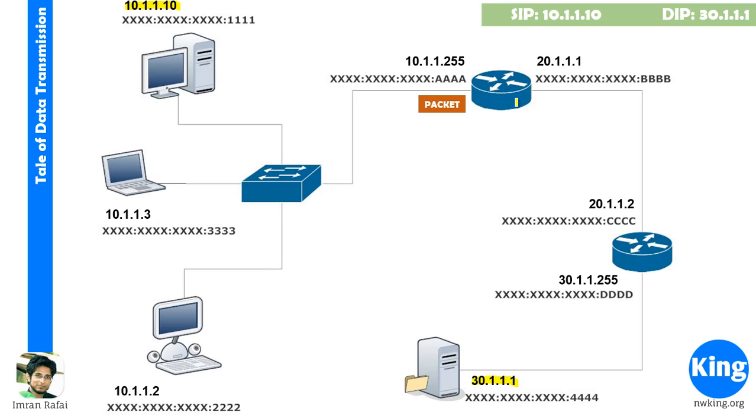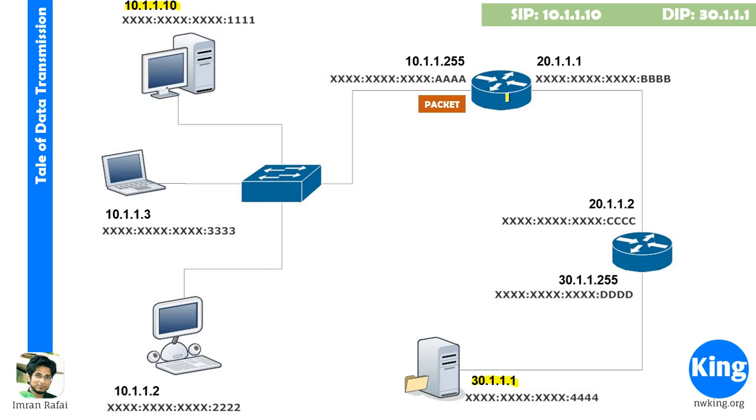Now we have not done routing so far, so we don't know how routing works, but just to understand, routing is where devices communicate with each other. In this case, this router, since it's connected to the 30.1.1 network, would have told the other router that if you get any packet for 30.1.1.1, please forward it to me.